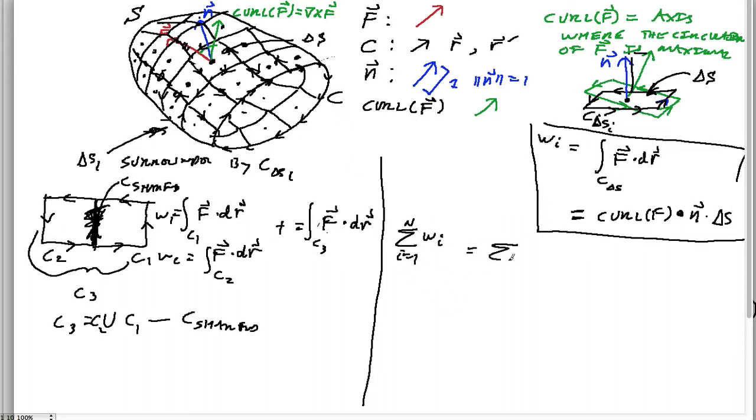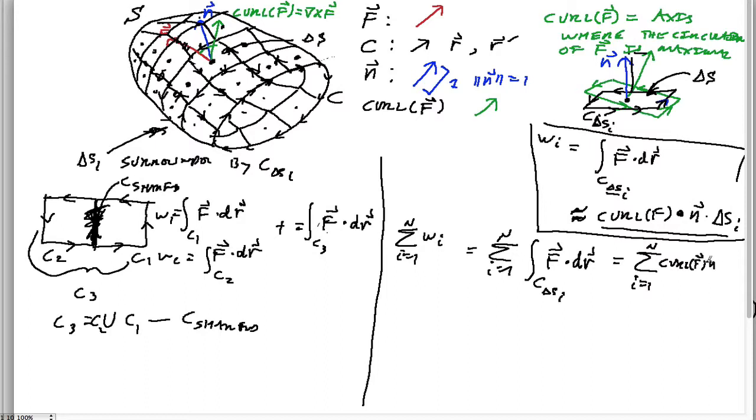We can write that as the sum from i equals 1 to n of the integral over C delta S i of F dot dr. As long as all these patches are small enough, we can approximate that by the curl of F dotted with n times delta S i. And this is approximately the integral over our surface of the curl of F dotted with n, the outward normal to our surface, dS.